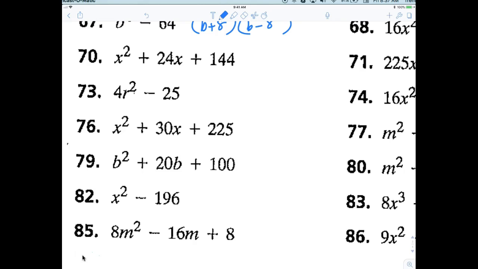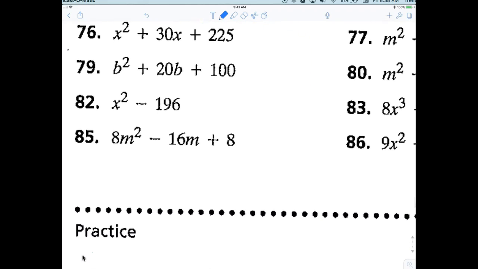Number 73, Max. 2 or minus 5. 82, Michael. It would be x. Do you know what 196 is? Good, 14.